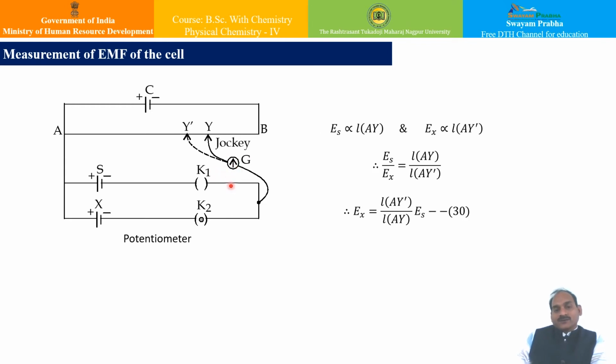So this is how, theoretically, we can measure the EMF of the cell using the potentiometer. Nowadays there are electronic potentiometers which automatically detect the potential of the cell, whereas in earlier times there were potentiometers called vernier potentiometers, where one has to rotate the jockey over the wire to find out the null point.